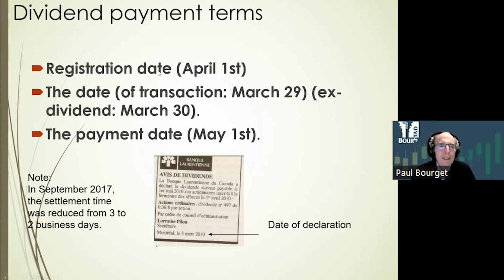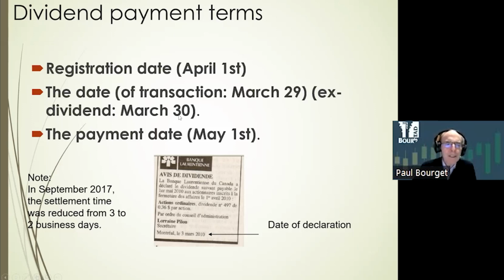Okay, for a dividend, there are many dates that you need to know. The registration date, April the 1st, for this Banque Laurentienne dividend. The ex-dividend date was March 30.